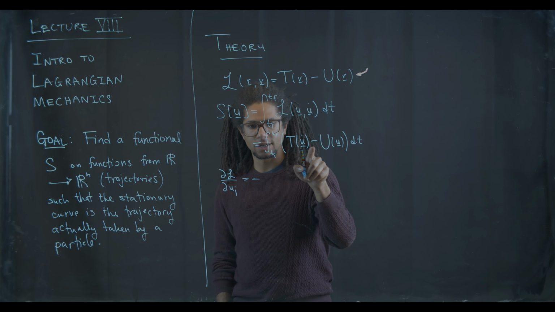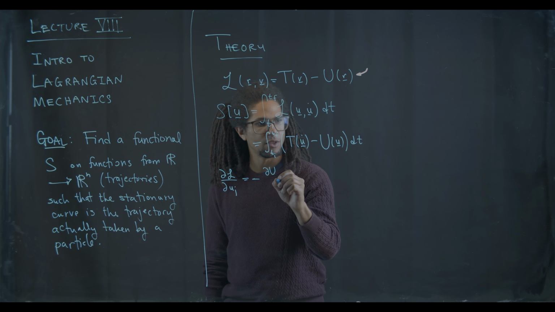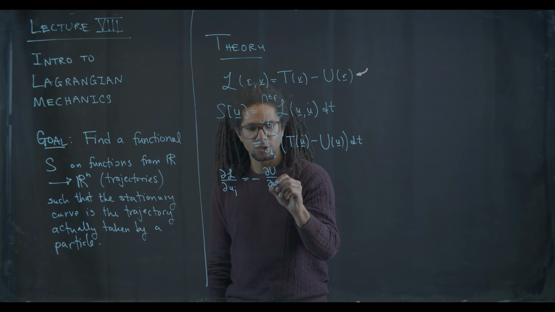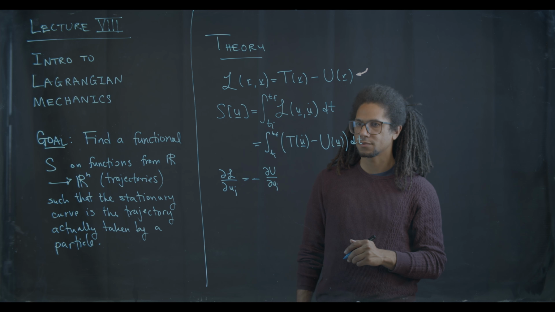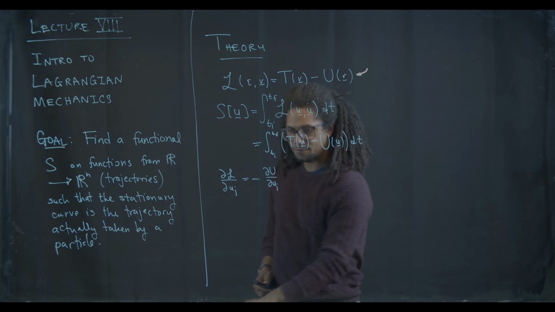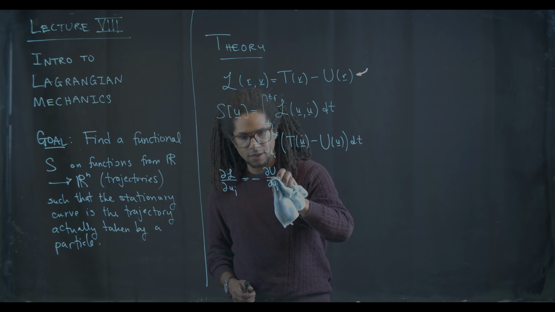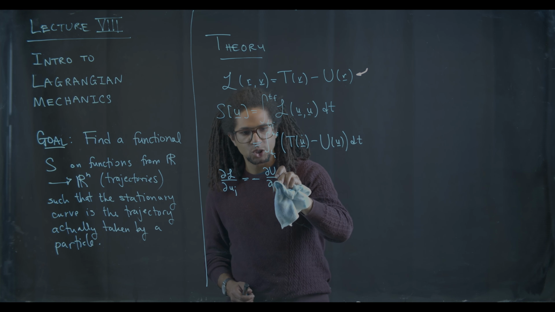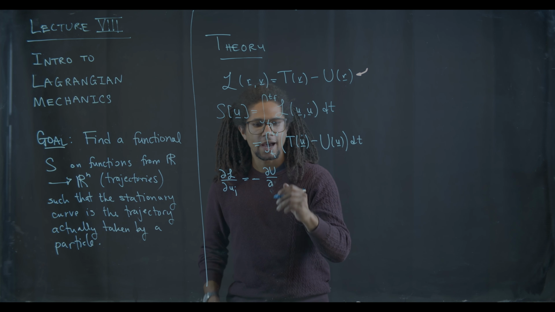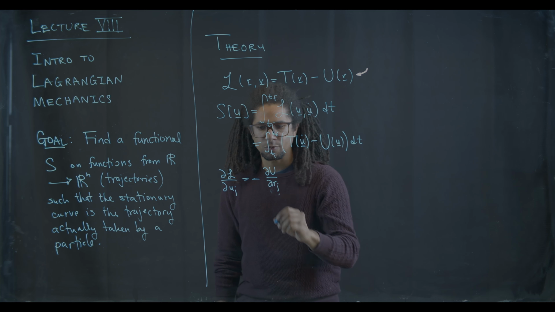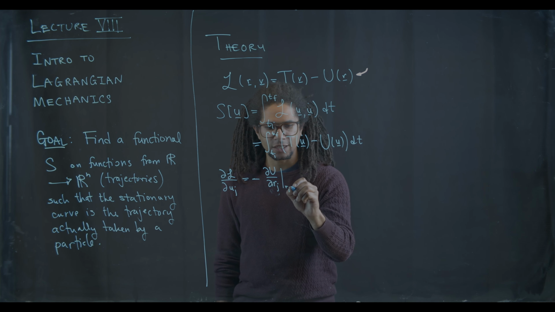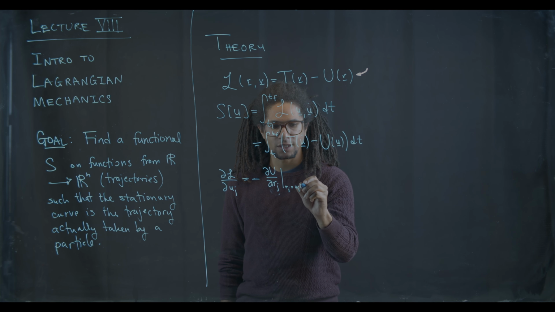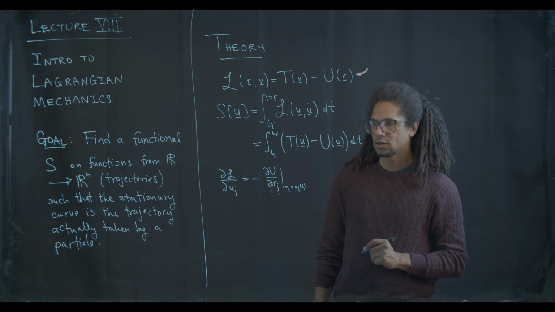And then this minus sign needs to get pulled down. That's important. The derivative of the potential energy with respect to u_j. But actually, let me suggestively rewrite this as the derivative of the potential energy with respect to r_j evaluated at r_j equal to u_j of t. Okay, good.